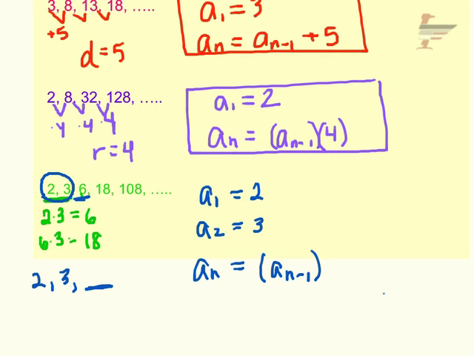The previous term is just 1 term back. If you need to go 2 terms back, instead of n minus 1, that's going to be an n minus 2. So now we're telling everyone, take the previous term, the one right before it, and then n minus 2 is 2 terms back, and we multiply those together. So that one's a little bit trickier, but we can handle it.